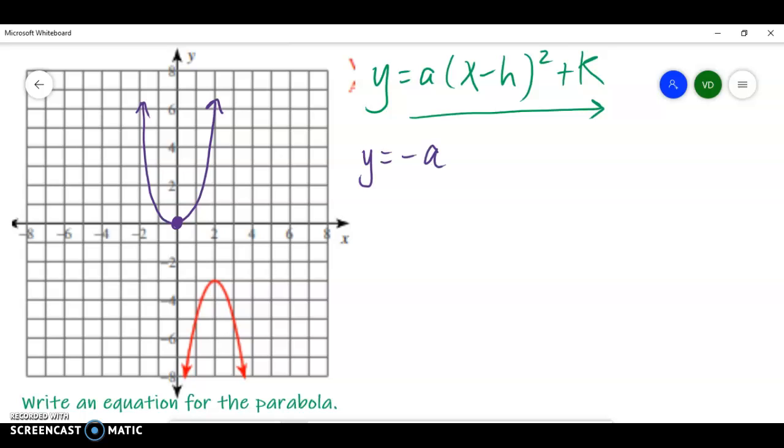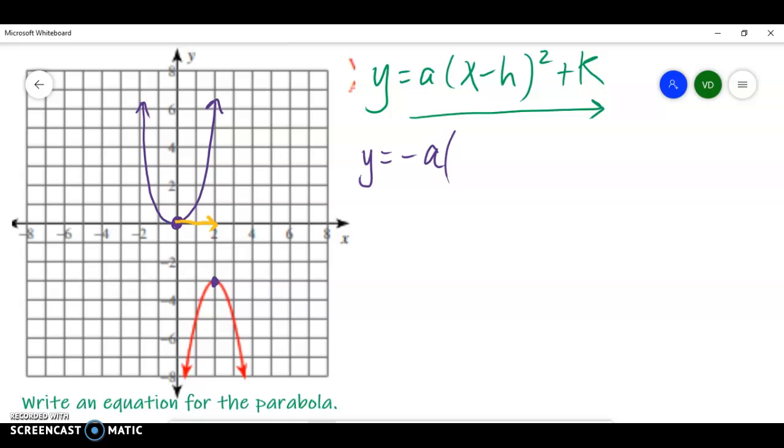Okay, in my class, we haven't focused on how to find the A value yet. We're going to do that as a next example. So the negative sign flipped it down. Parentheses, remember, makes it move left or right. I know based off of my final landing spot of that red parabola that my graph had to shift to the right 2 times.